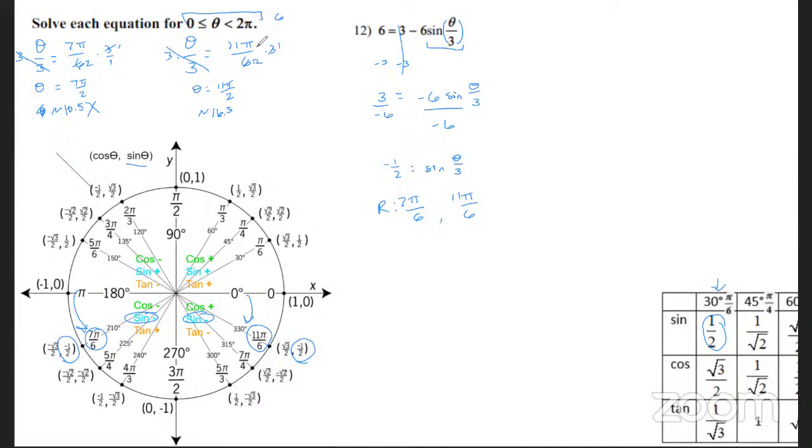So this has no solution because we were restricted to a domain of 0 to 2 pi. If our domain was larger, these answers could have worked, but we had to make sure they fit the domain we were restricted by. Since these did not fit, we have no solution.